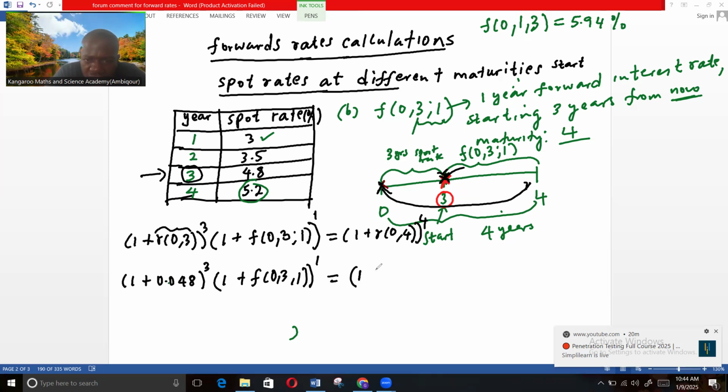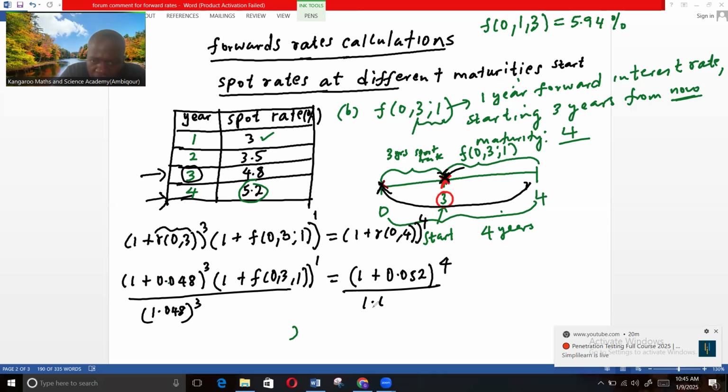Then the 4-year spot rate we do have, it's 5.2, which is just 0.052, so 1.052 to the power of 4. If we divide this by 1.048 to the power of 3, we'll remain with this.